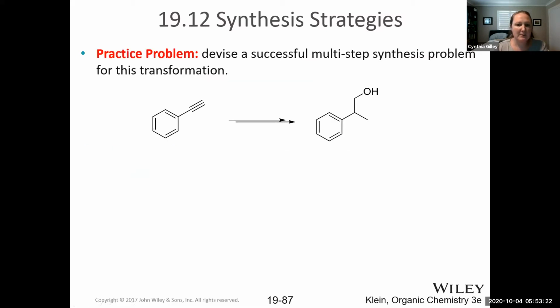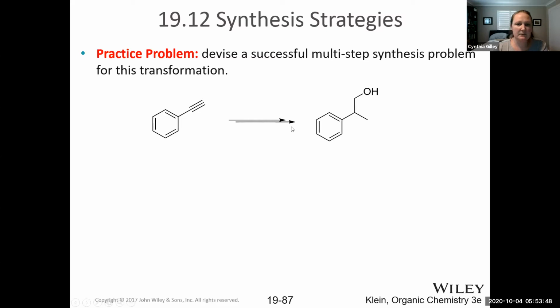So let's look at an application problem. Think about how you would devise a successful multi-step synthesis to achieve this transformation. Think about, is there a change in the carbon skeleton? If so, which reaction do I want to use? Do I want to use a Grignard? Do I want to use cyanohydrin formation or a Wittig reaction?